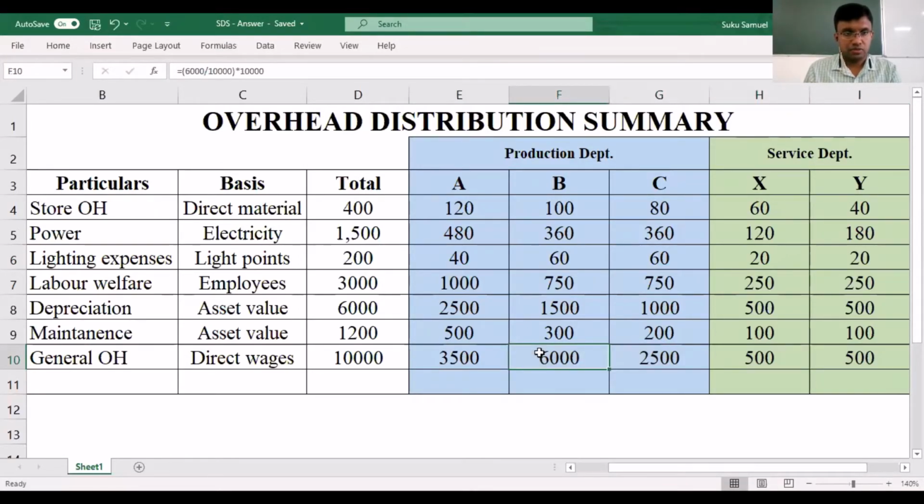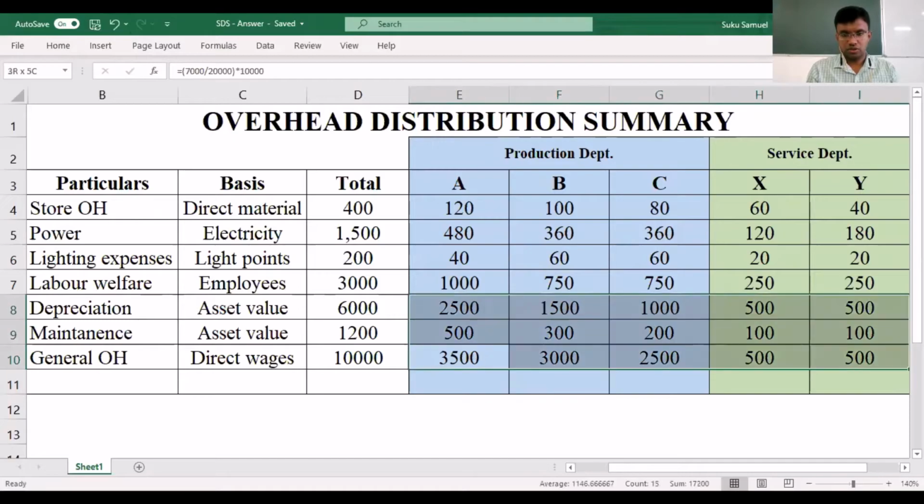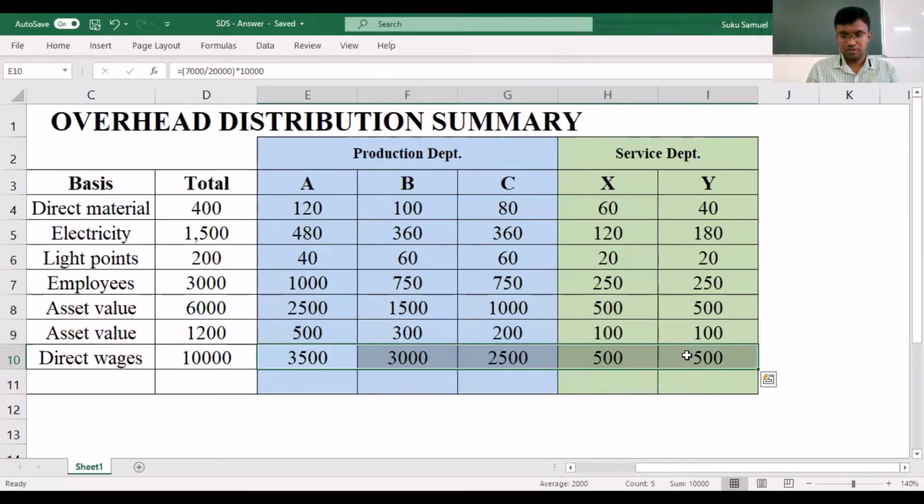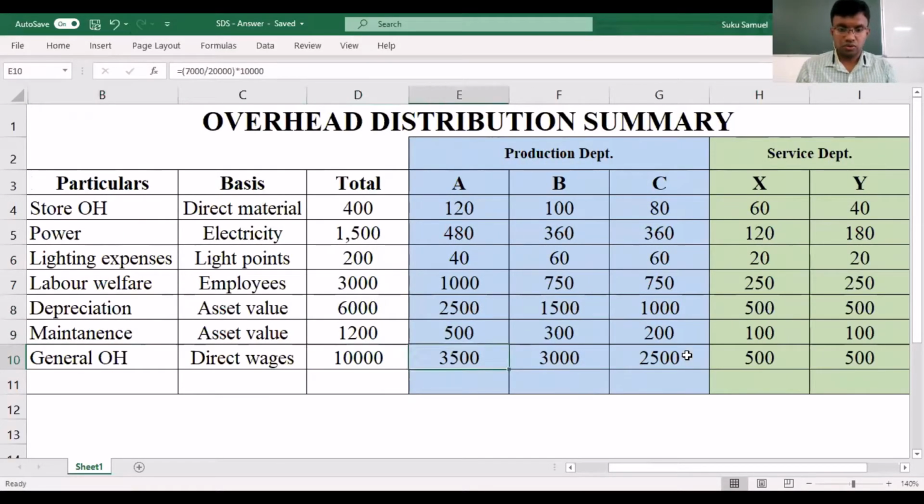I think I made a small mistake in the value, and now it should be corrected. So this is how we will go about distributing general overhead.